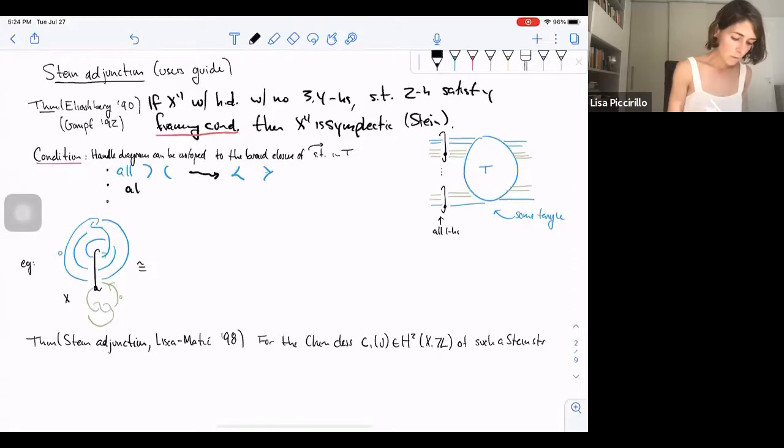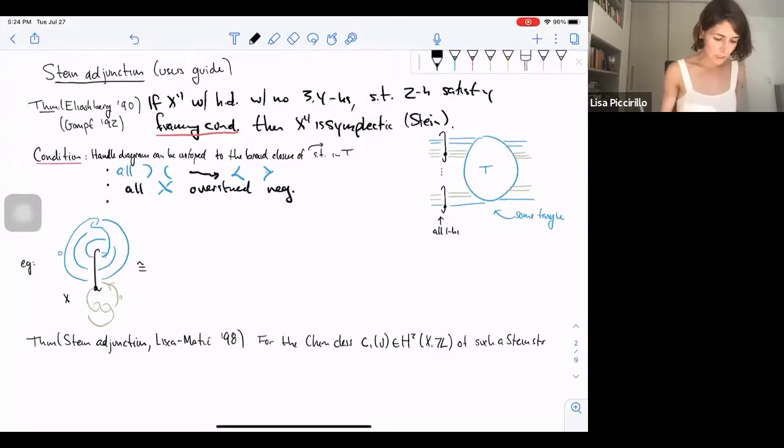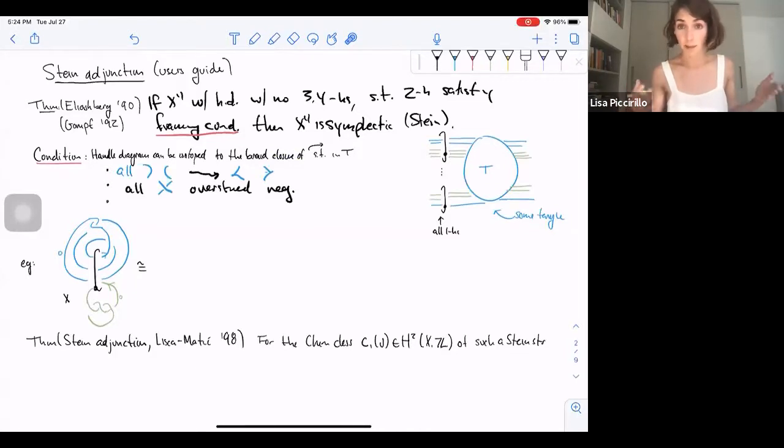And then you also want to isotope your diagram so that all of your crossings are of this form. And what is that form in particular? I'm asking that the overstrand be the negative one. So far, all of these conditions aren't actually any requirement. Any handle diagram with only 1 and 2 handles can be made to look like this. So put your handle diagram in this form.